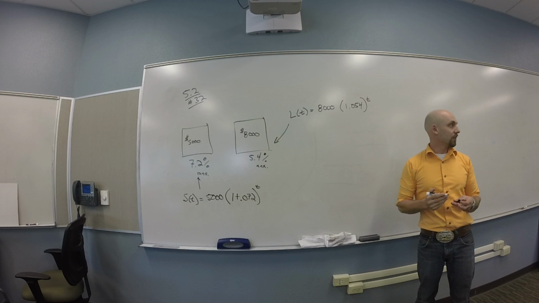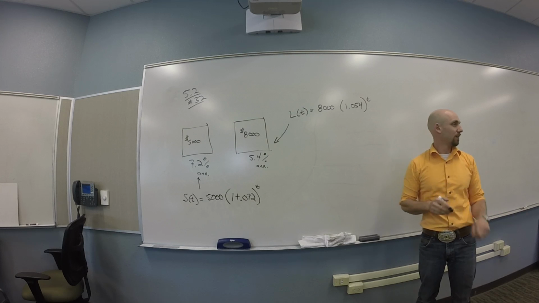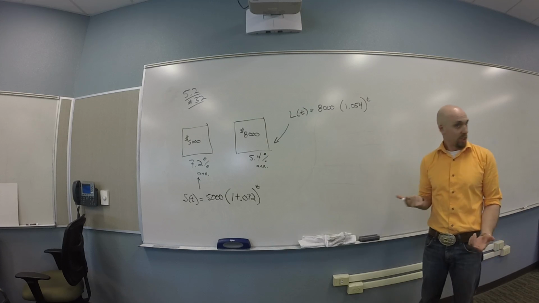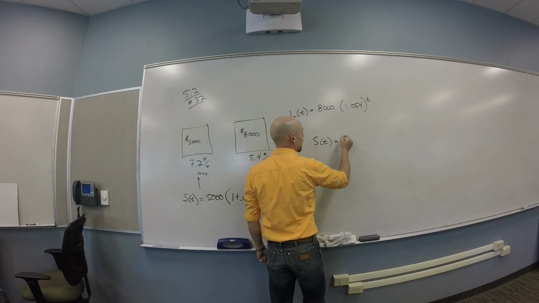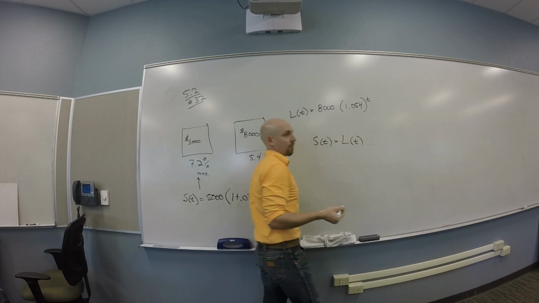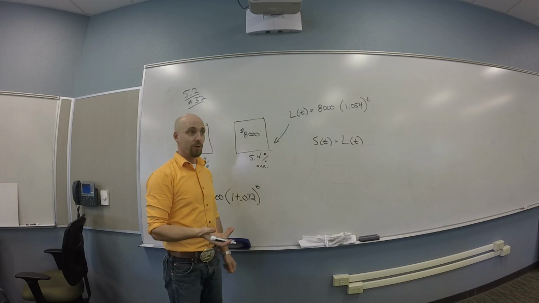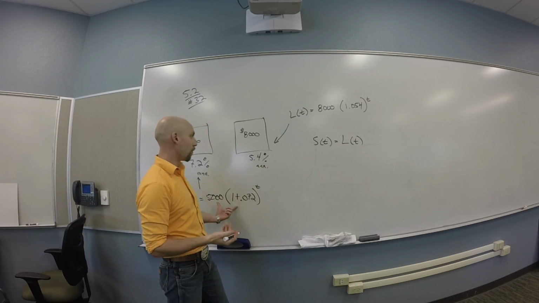And then when are they the same? They're the same when they're equal, so take S of t, set it equal to L of t. Of course, those names aren't going to do you any good. You really want the formulas.